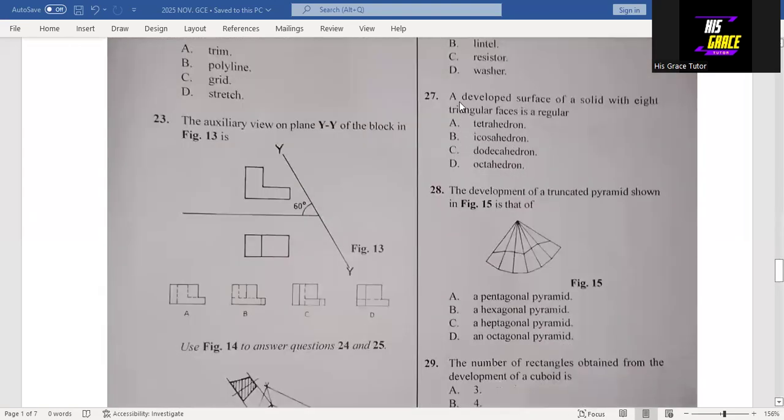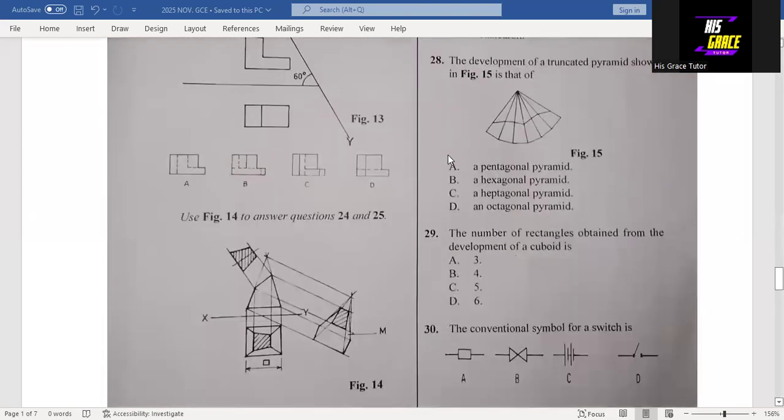Then question 27, a developed surface of a solid with 8 triangular faces is an octahedron. So that is option D. Then going to question 28, the development of a truncated pyramid shown in figure 15 is that of a hexagonal pyramid.